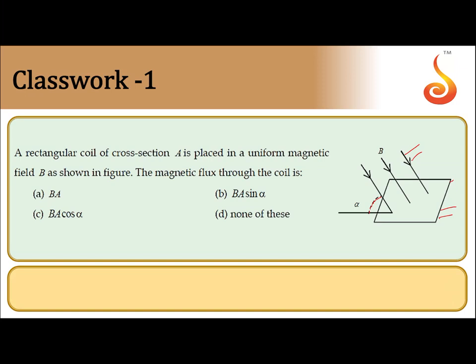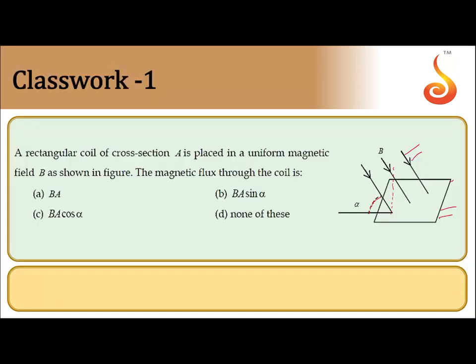If this angle is alpha, at this point, if I draw perpendicular to the area, then this angle will be 90 minus alpha. Now this is the direction of area vector, this is the direction of field vector, or if I take it other side, so this will be 90 minus alpha.